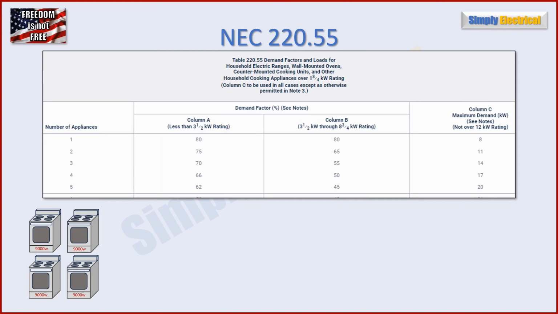Let's now take 4 ranges at 9,000 watts apiece. Instead of 36,000 watts, which is what we would get if we added them all together, we use a table and we get 17 kW. So you see that we are allowed a substantial reduction with the ranges when we bundle them together on a feeder. But let's see it even more.